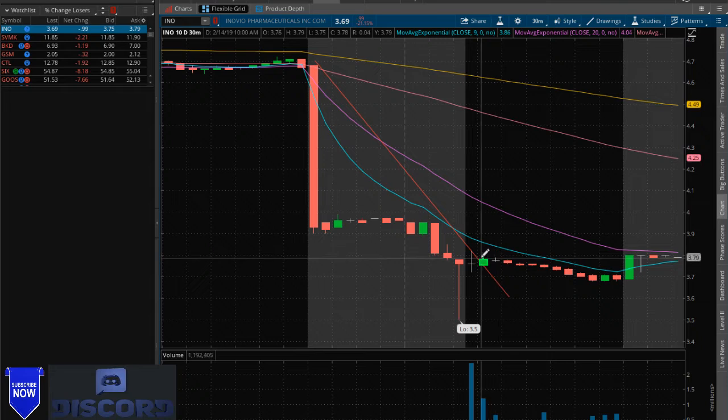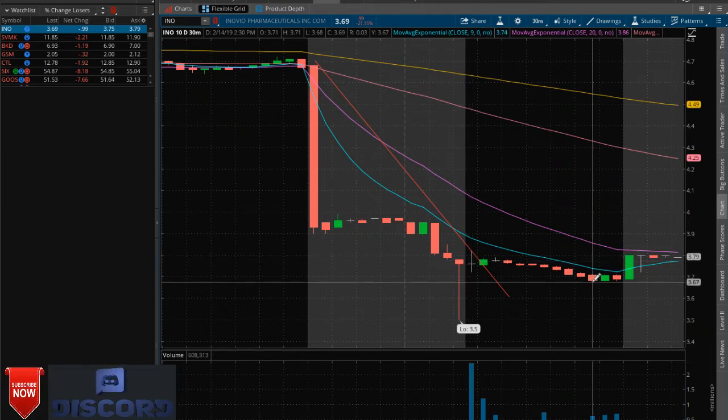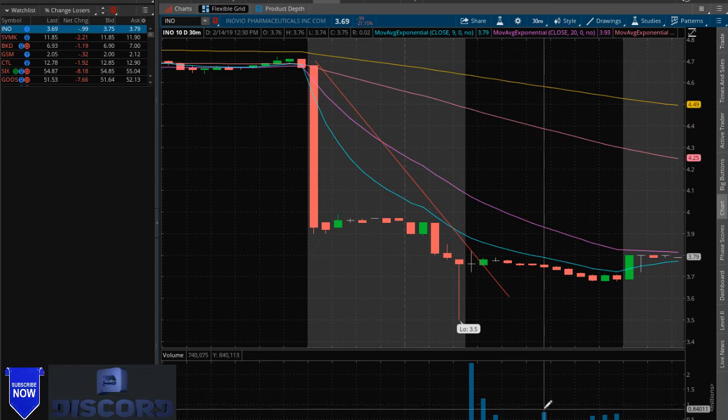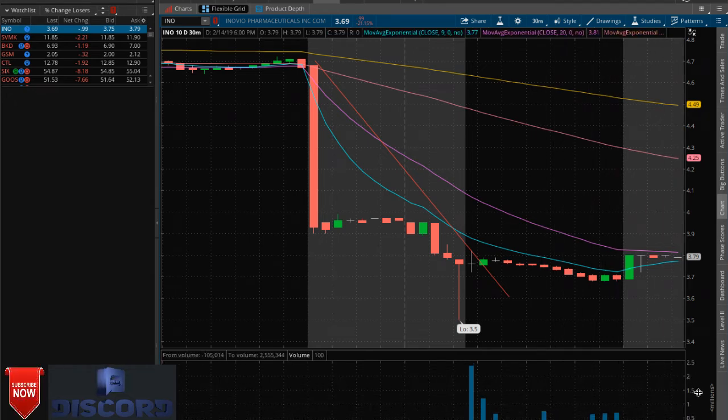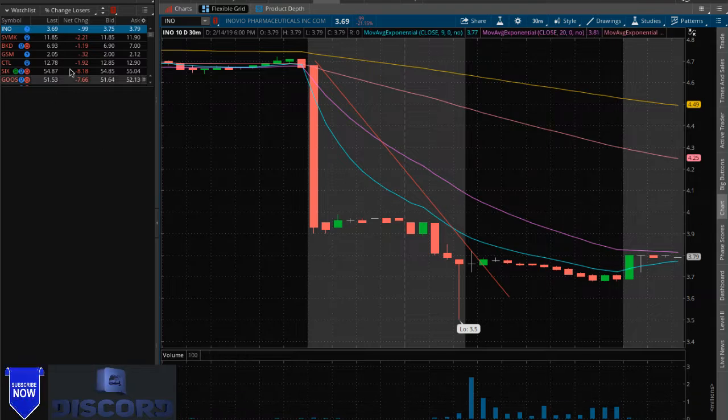And as you guys can see, throughout the day it opened at what did it open at? Opened at 3.77 and hit a low of 3.67. So that's a 10-cent move in there, but this one most likely had a higher float. Yeah, I believe this one had a higher float.